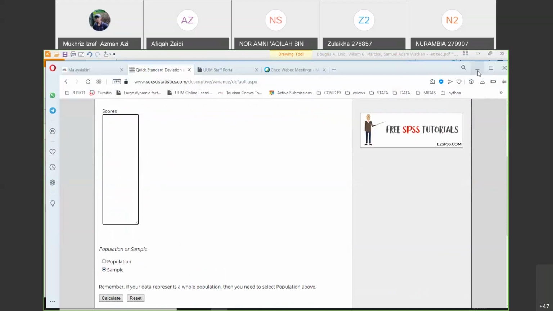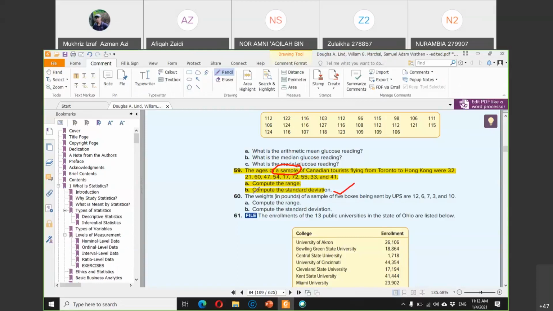I just want to know that you are all on your screen doing your work, not just simply watching on your phone. If for some reason you are using your phone, then snapshot your answer and share it on the WhatsApp group. So there's no excuse for you not being able to participate in the class. Question 59, question B: calculate the sample standard deviation.